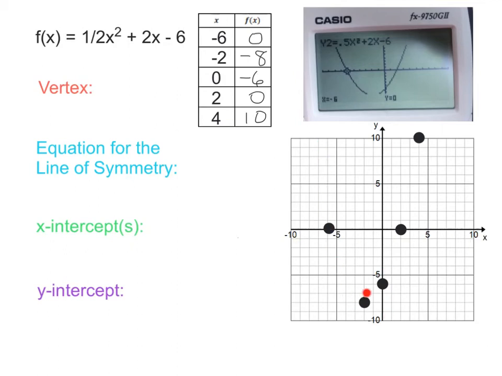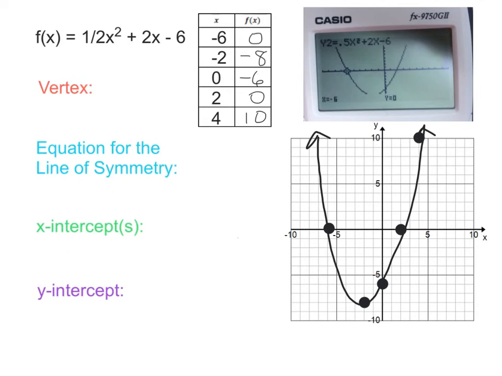But we are going to then use this information to graph our parabola. Okay, like so. Well, it's not perfect is what I'm trying to say. But anyways, here we go.